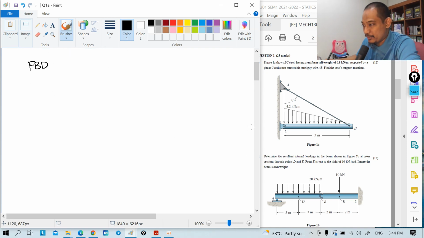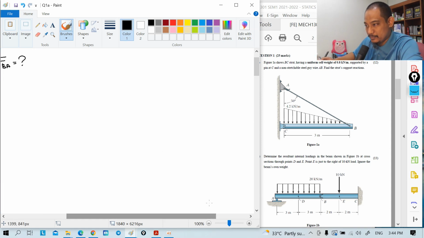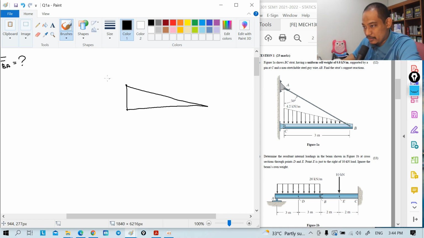So we have the free body diagram of BC or CB here, right? We have this distributed loading, so let's deal with that first. At the end here it is 4.2 kilonewton per meter.